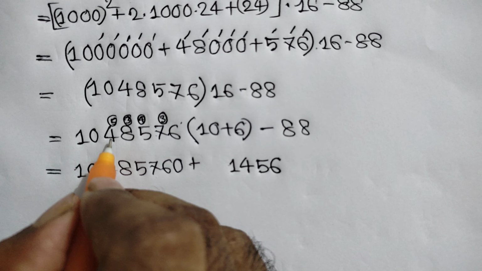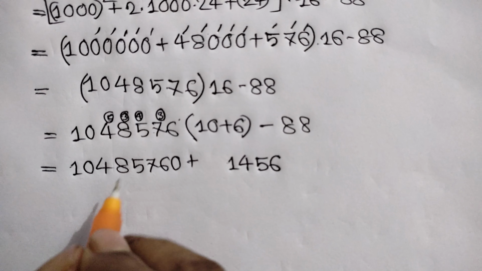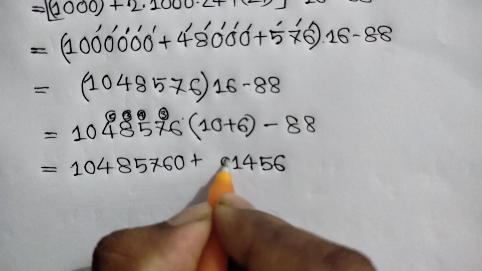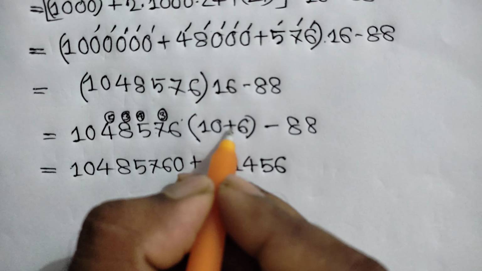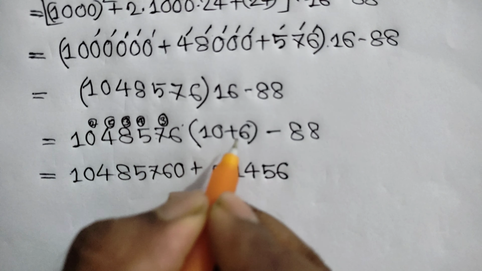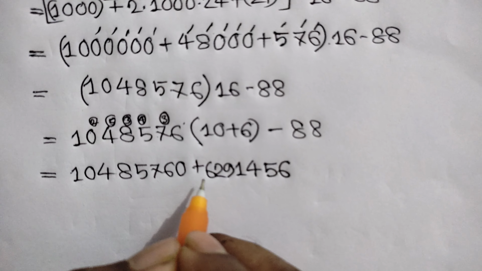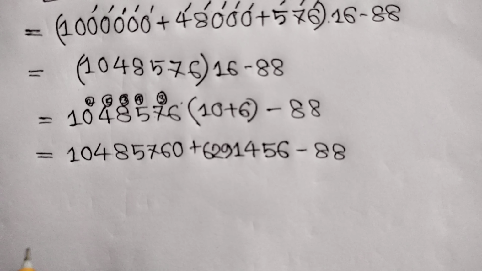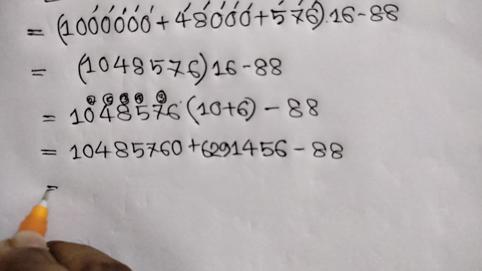Now 6 times 4 is 24, 24 plus 5 is 29, here we write 9. Now 6 times 0 is 0, 0 plus 2 is 2. Now 6 times 1 is 6, minus 88.